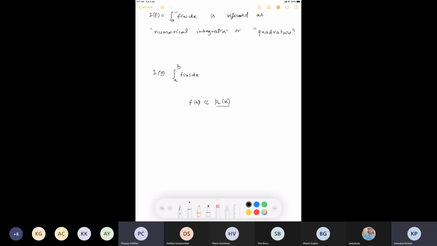So I can use this interpolating polynomial to find the approximation of the integrals. That is, if I consider the integration of Pn(x) over the interval a to b, this is going to be my approximation of the integral of f(x), and I'm going to call this In(f).